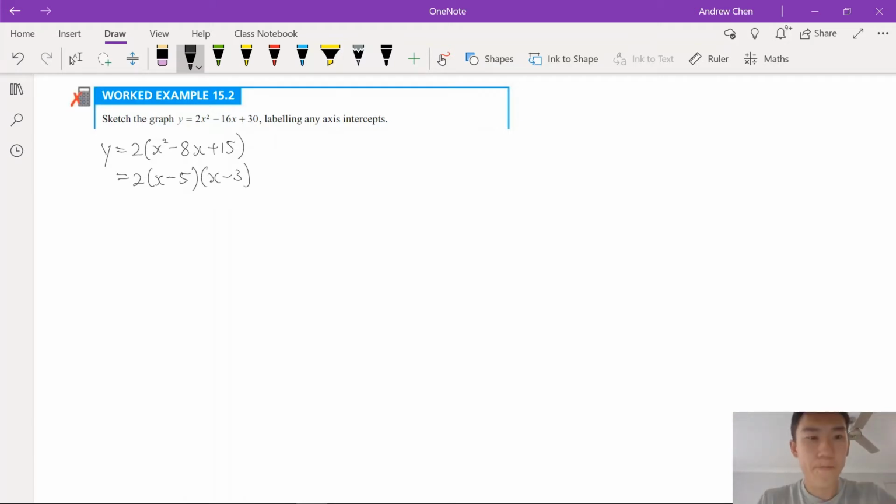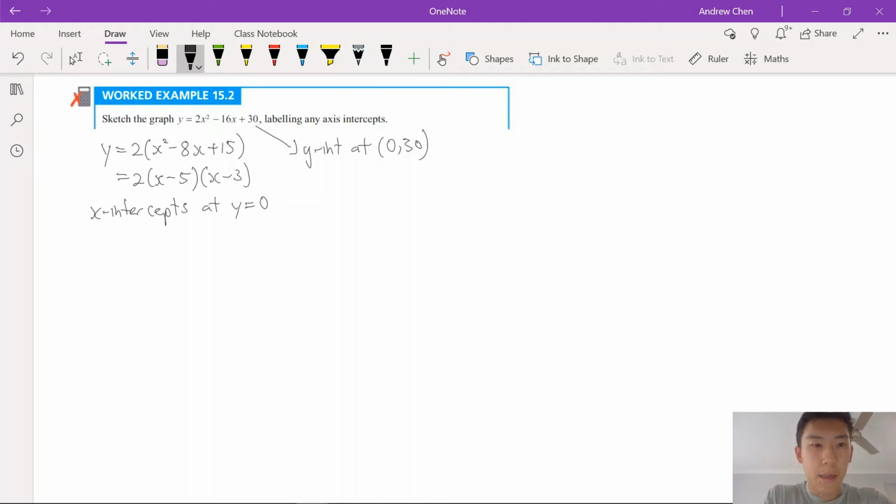All right. So let's show our working. So find the x-intercepts, and they're at y equals 0. Well, straight up we know that the y-intercept is (0, 30), because we've started off in standard form.